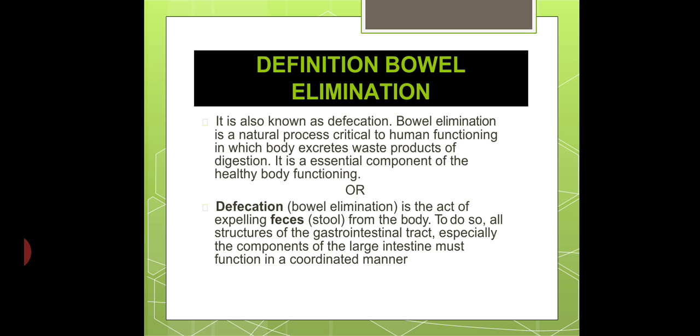Next, the definition of bowel elimination. It is also known as defecation. Bowel elimination is a natural process critical to human functioning in which the body excretes waste products of digestion. It is an essential component of healthy body functioning. Or defecation is the act of expelling feces, stool, from the body.